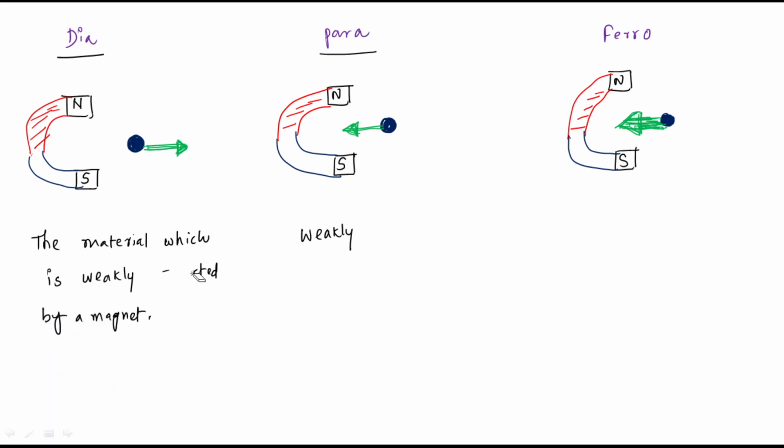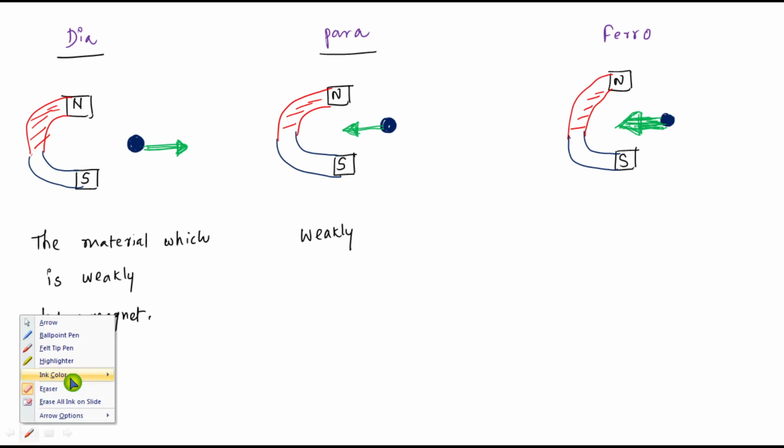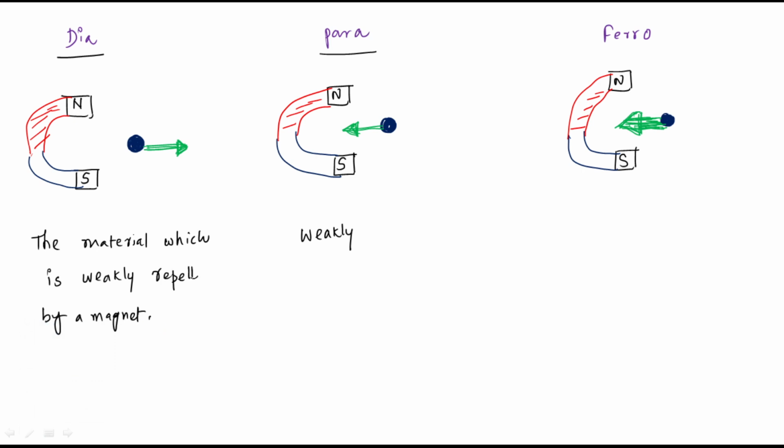This is weakly repelled. See that arrow, which is away from that magnet, right? Weakly repelled by a magnet, like that. What is paramagnetic material? The material which is weakly attracted by a magnet.